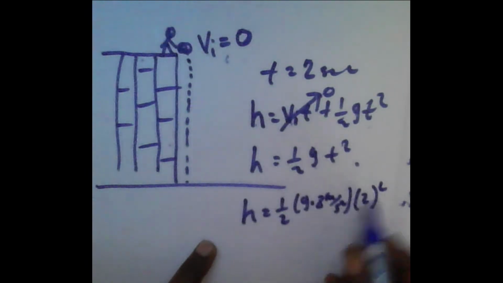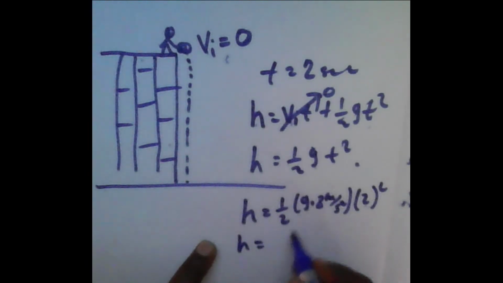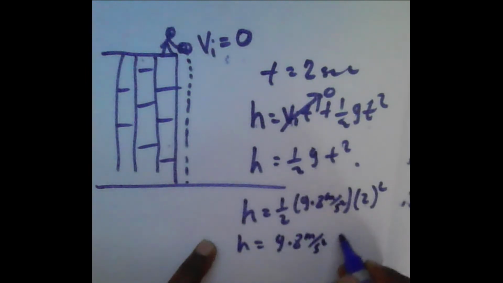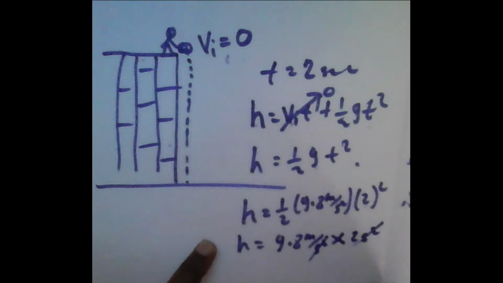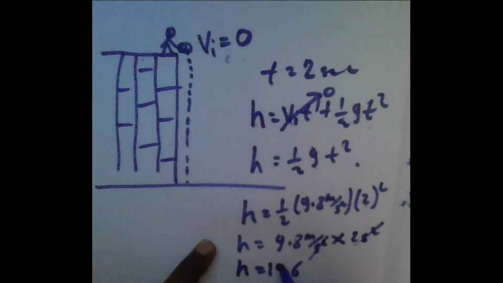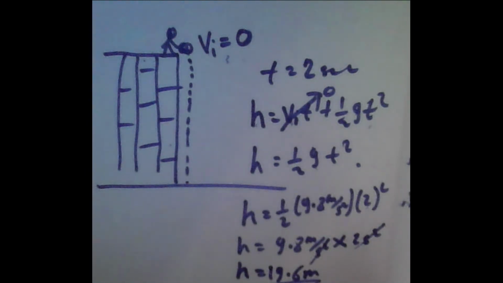So 4 over 2 becomes 2, then h will be equal to 9.8 meter per second square multiplied by 2 second square, and second square cancels second square. So the height of the building will be 2 times 9.8, 19.6 meter.